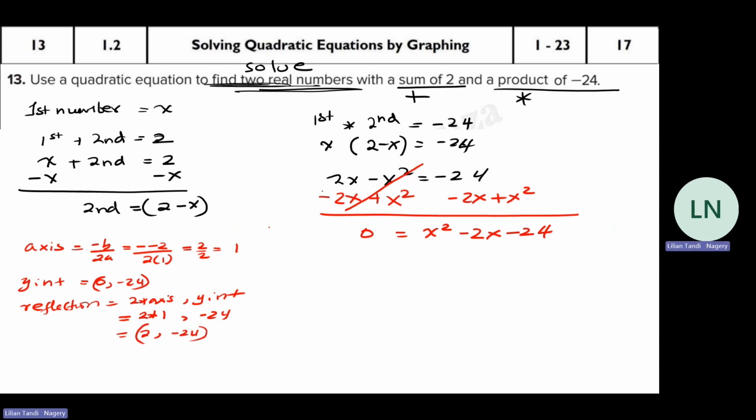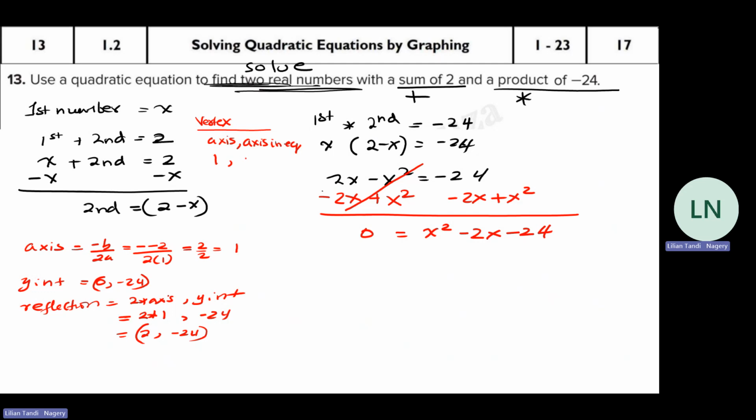Then what else did I do? Vertex. So I did vertex. I'm going to do it over here, I don't want to lose space. Vertex was how much? Axis and axis in equation. Axis was how much? 1.